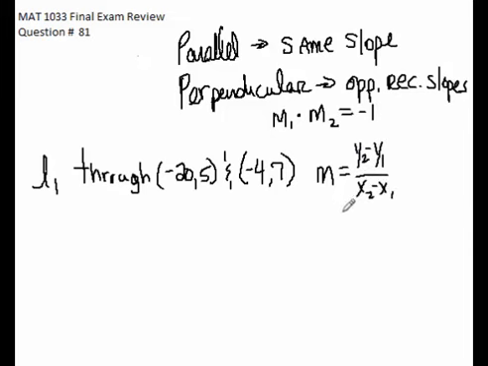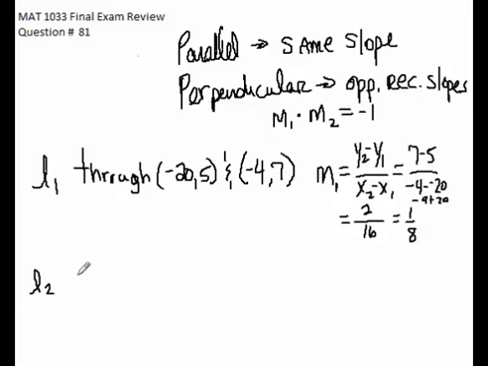Plugging in those values for the slope, I end up with 7 minus 5 over -4 minus -20. And this slope would end up as 2 over, now this is -4 minus -20, which is -4 plus 20, which is 16. So the slope of line 1 is 1/8. So we'll put a little 1 there to show that's our line 1.